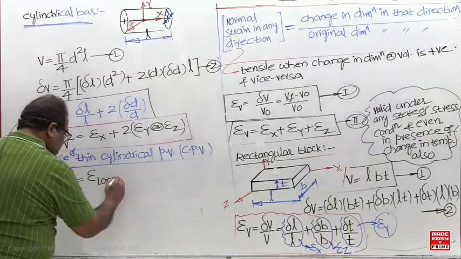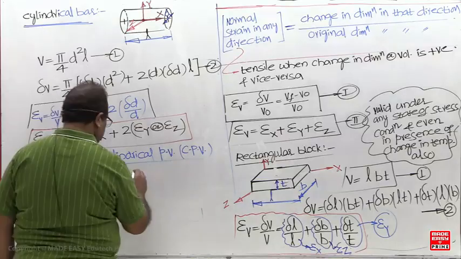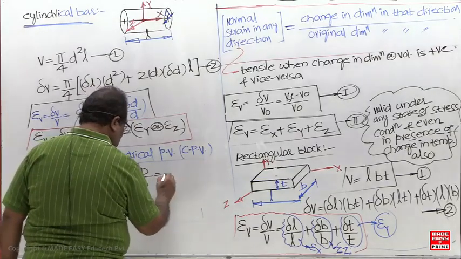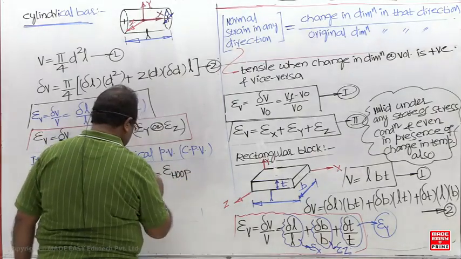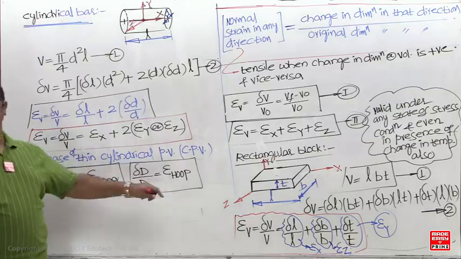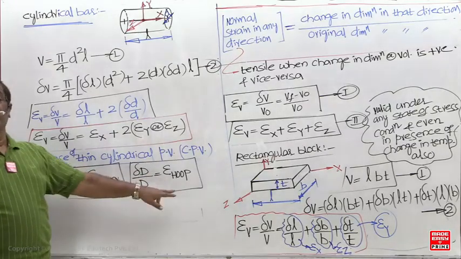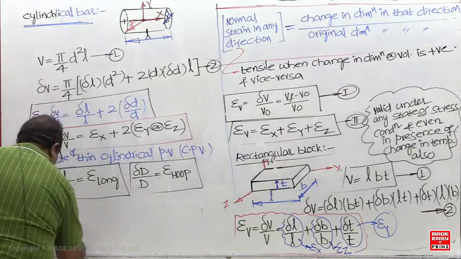This we are going to study in chapter number 9, the pressure vessel chapter. And delta D by D is called the hoop strain or circumferential strain. Then you can write down the volumetric strain now.